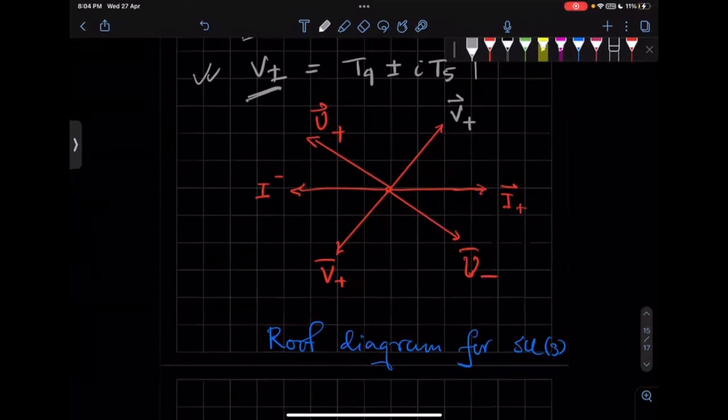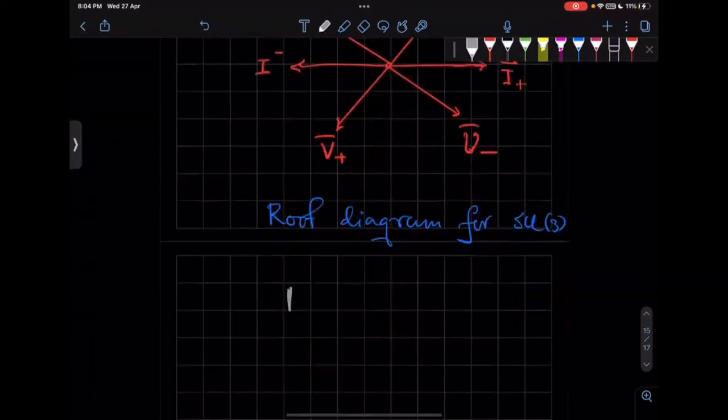Exactly, the eigenvalues of lambda 3 and lambda 8. Every state will have a lambda 8 eigenvalue and a lambda 3 eigenvalue, as well as some Casimir invariant that we are not interested in right now. Okay.